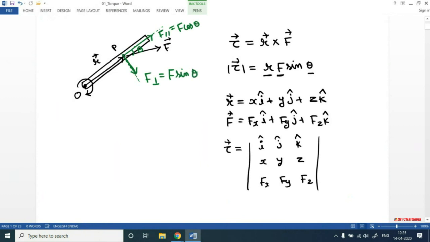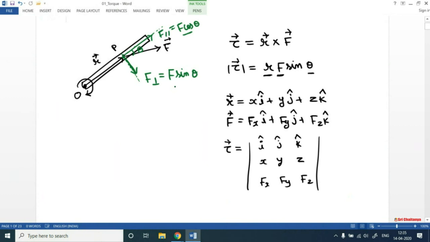Now just by looking, you can say that the F parallel or F cos theta component will not be responsible for rotating the door. If the force is in this direction, the door will not be rotating at all. So all that matters is the component of force which is perpendicular to the r vector, F perpendicular.